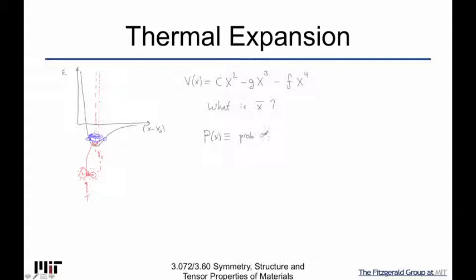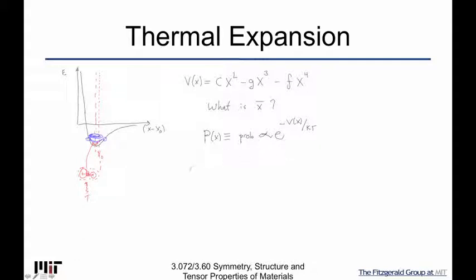And that is proportional to, if we're going to assume Boltzmann, which is a good assumption here, so anytime you have a potential like that and you want to ask what's the probability of finding something in a particular state, assuming that they're bosons, which means you can have as many of these units in any state you want, then the probability is just the Boltzmann distribution with the energy of the potential in there divided by kT.